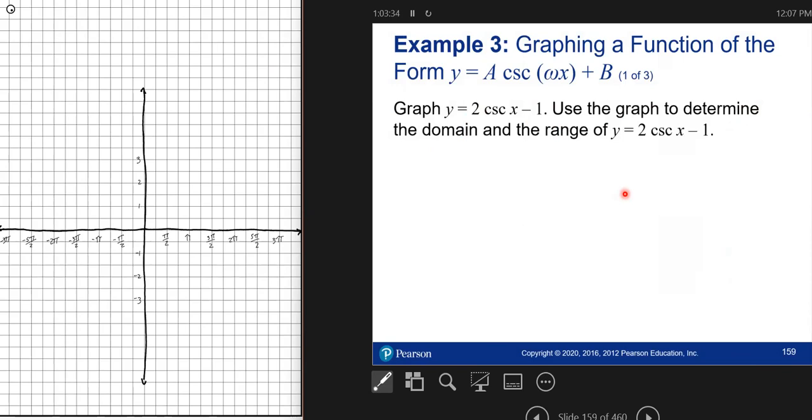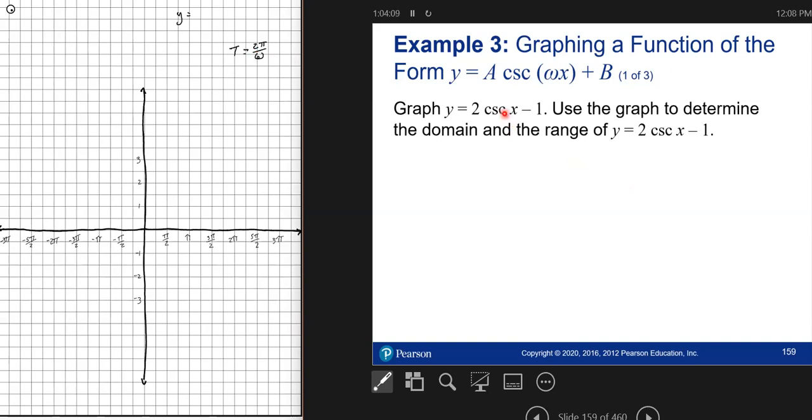All right. So the period of cosecant and secant are the same as the periods for sine and cosine. It's 2 pi. So our period is defined by 2 pi over omega.